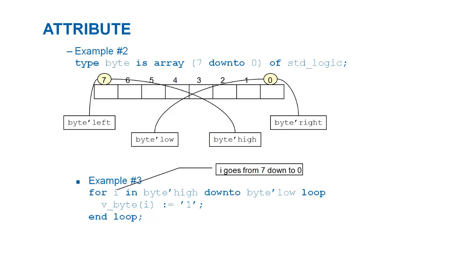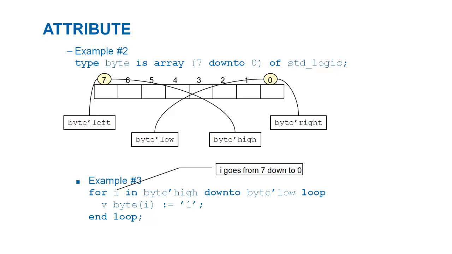What this also means, one good way of using attributes, is that we can have an example 3 like this, in which we create a for loop that has an iterator that iterates between the highest bit location of data type byte to the lowest bit location of data type byte. In this case, we know the most significant bit location to be 7 and the least significant to be 0.